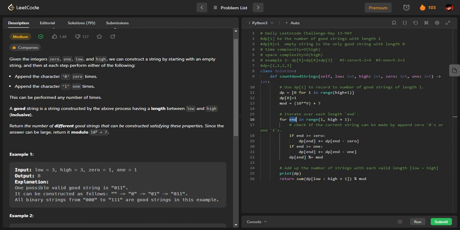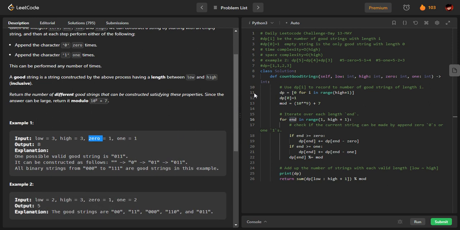Okay, so here in this case DP of 0 was 1. Suppose I have DP of 1 given to me. If I want to find DP of 2, I have to add one character to it. DP of 1 depends on the number of things, right? In those things I have to add just one character to get DP of 2. So it depends on the length of 0 and 1.